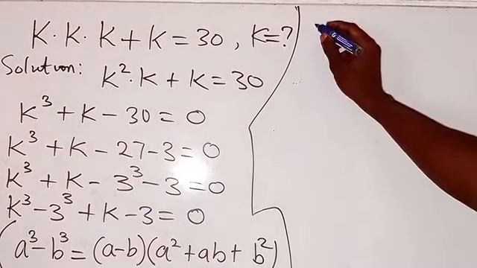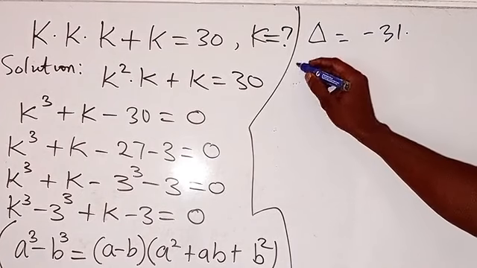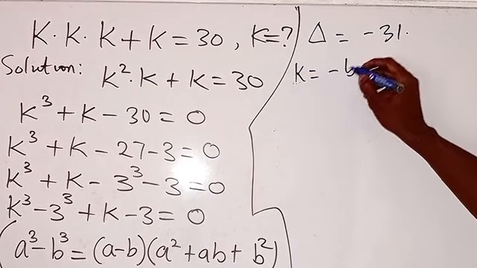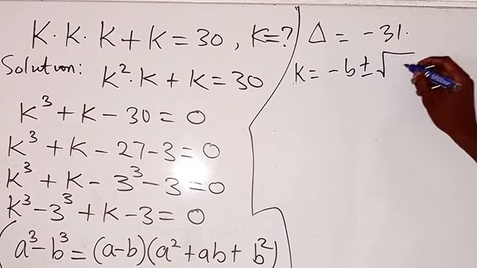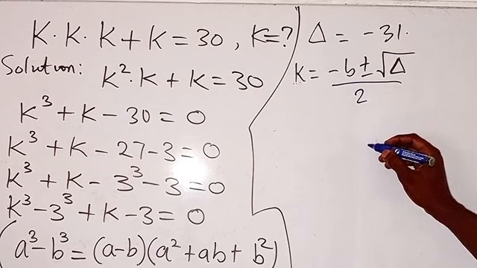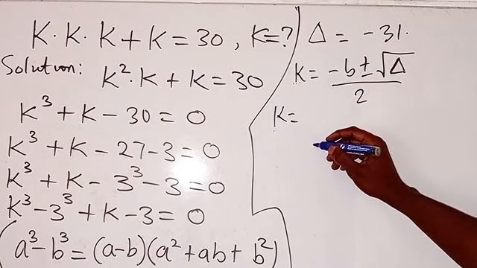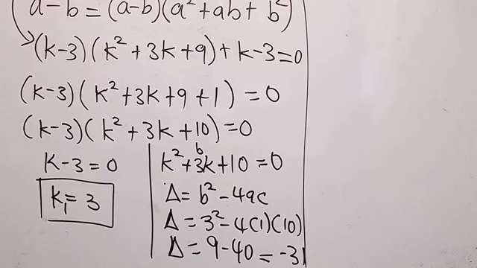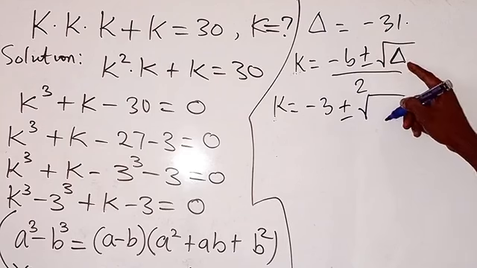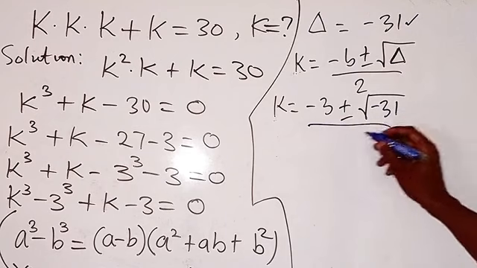Now, going by the discriminant being minus 31, we're going to have k equals minus b plus or minus the square root of the discriminant, divided by 2. So k equals minus b, and b is 3, so minus 3 plus or minus the square root of minus 31, all over 2.